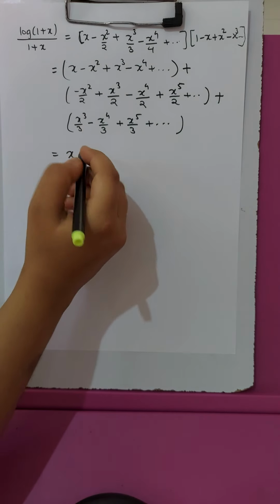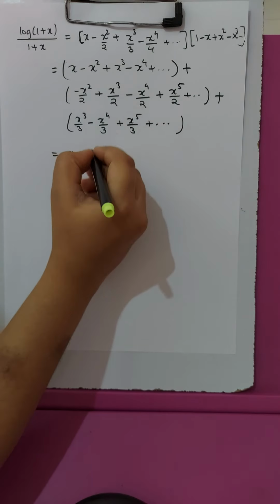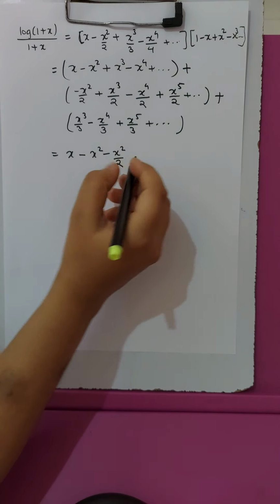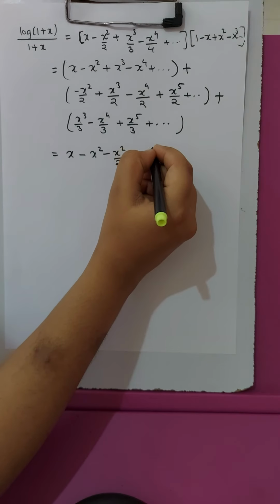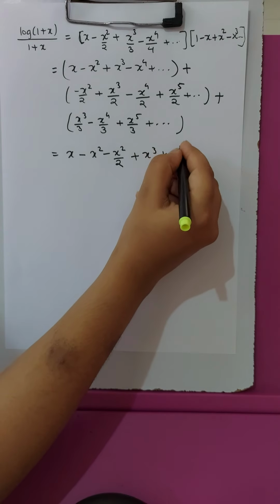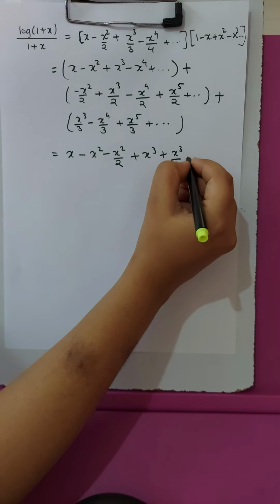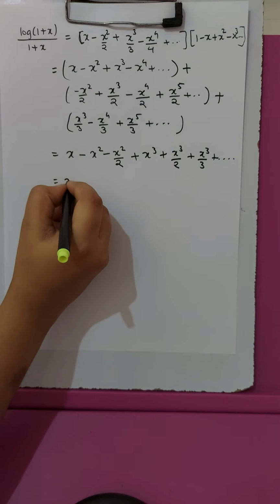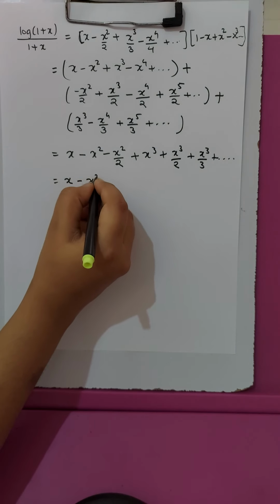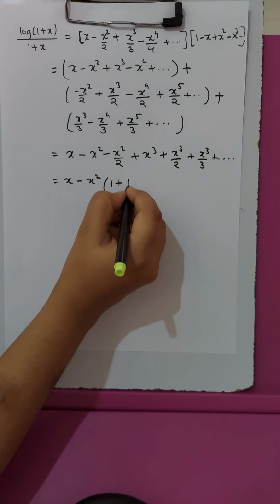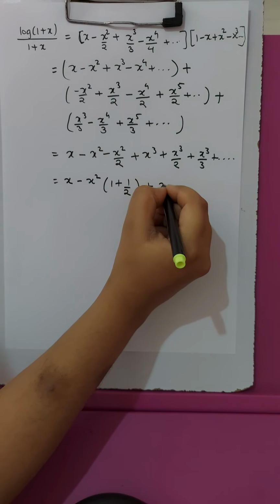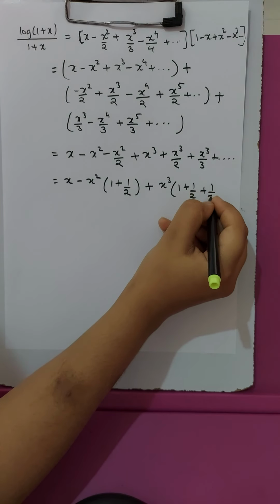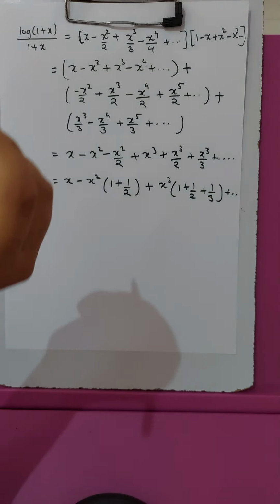Now taking common the coefficients of the same power of x. So this x is the single term, then minus x square and this minus x square upon 2. After that this plus x cube upon 2 and this plus x cube upon 3 and plus up to so on. So here, taking x square and minus x square common, we get 1 plus 1 by 2, and taking x cube common from these terms, we get 1 plus 1 by 2 plus 1 by 3 plus up to so on.